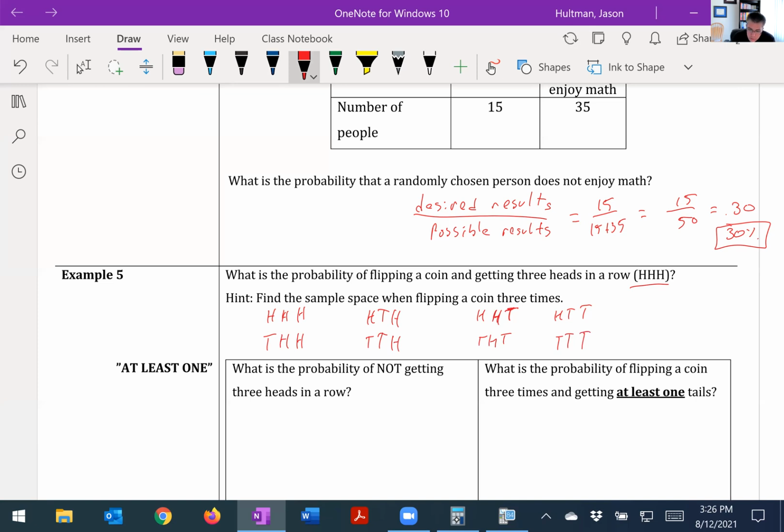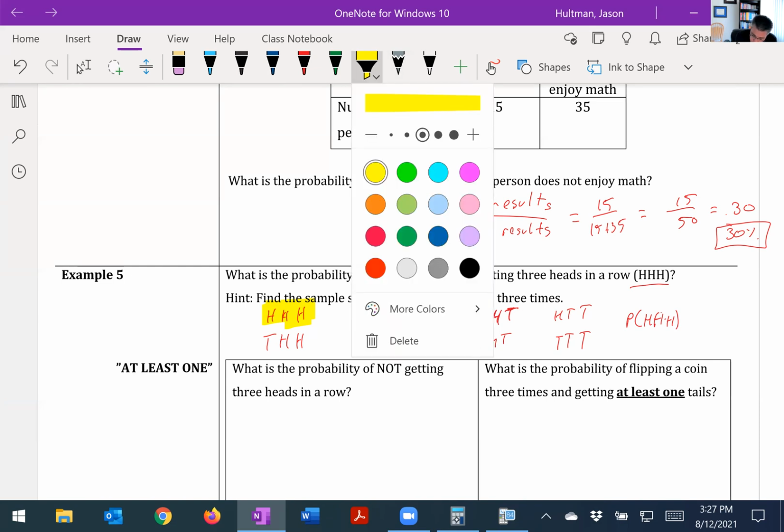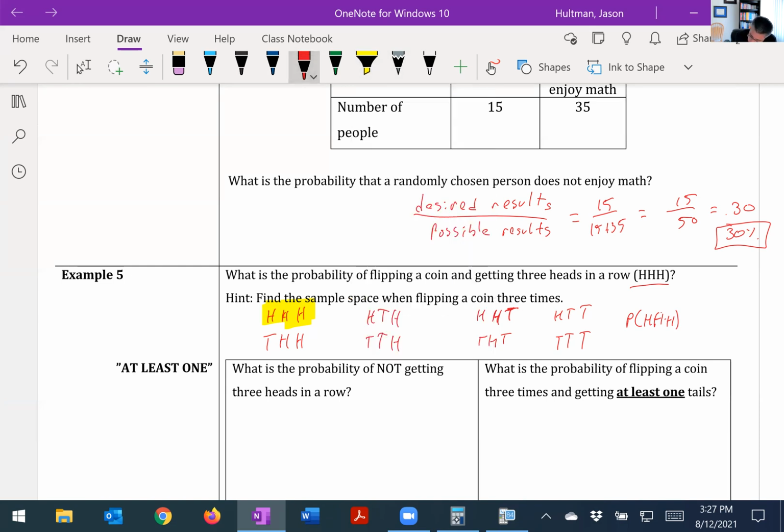Okay, so I can get all those possibilities, and so there are 8 possible outcomes here. So the probability of heads, heads, heads, well, there's only one of those out of the total 8 possibilities. 1 out of 8.